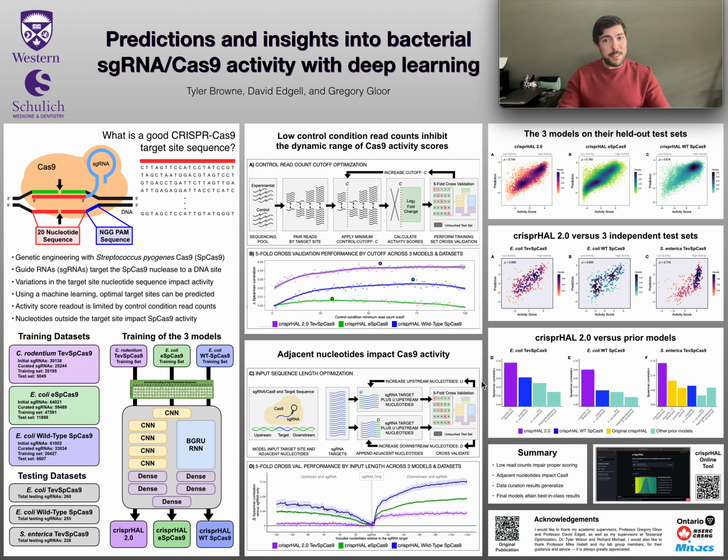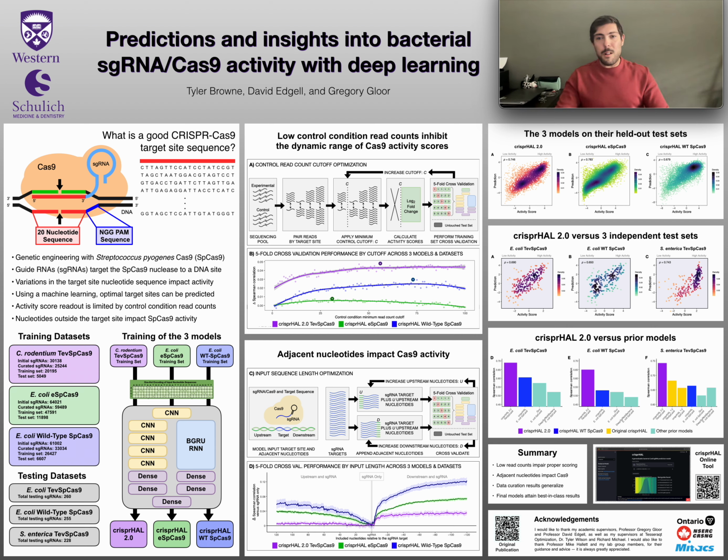In terms of comparisons, in purple here is CRISPR-Hal 2.0, and you can see that compared to even the wild type CRISPR-Hal SpCas9 created in this presentation, but also more importantly the prior models, including the original CRISPR-Hal, which is in yellow, this data curation improves performance across all tests.